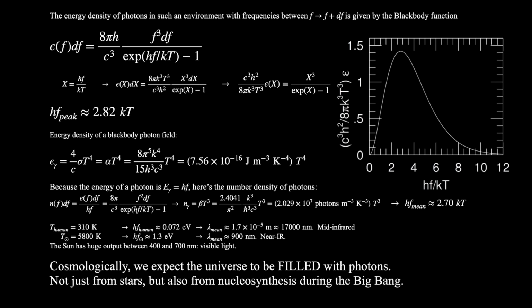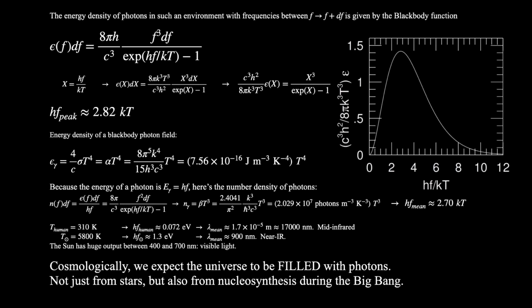But what if we integrate the entire thing to get the energy density of the entire blackbody photon field? So that's epsilon sub gamma, and that's equal to 4 over c times sigma, the Stefan-Boltzmann constant, times the temperature to the fourth power. That 4 over c arises from how the direction of diffusion and rate of movement of photons inside of a field are measured and integrated. 4 sigma over c is the radiation constant, which is that big squirrely nest of constants you see there.